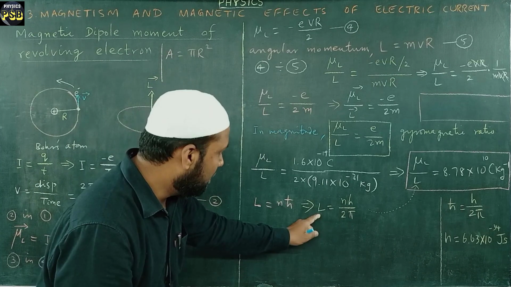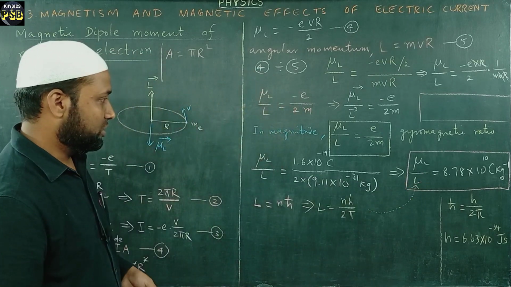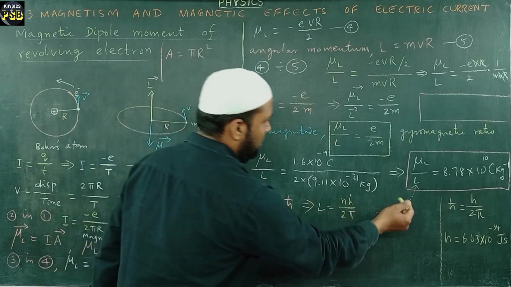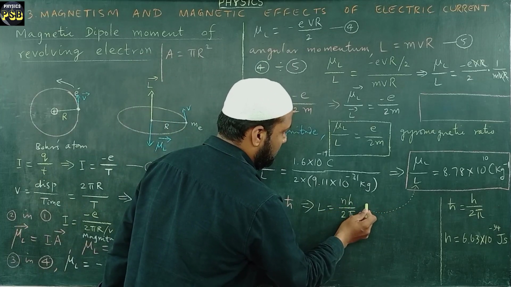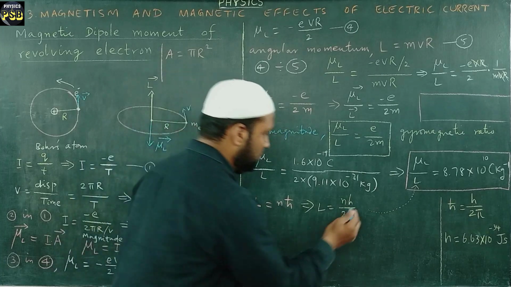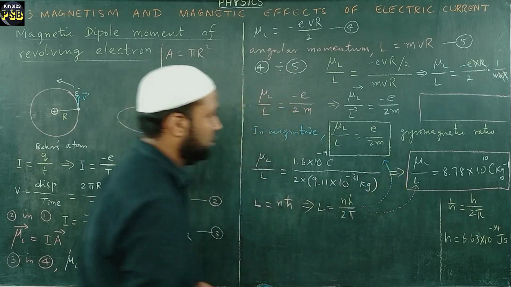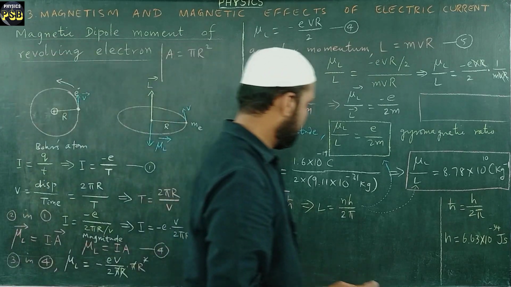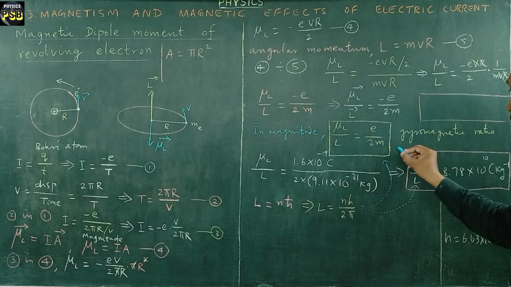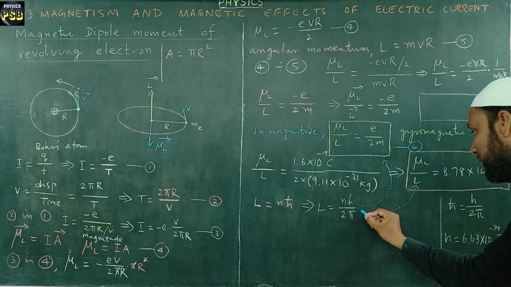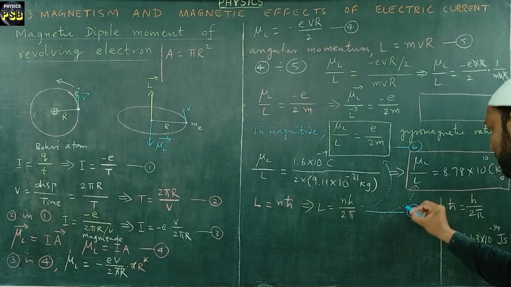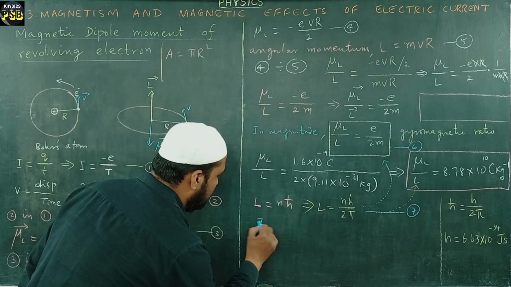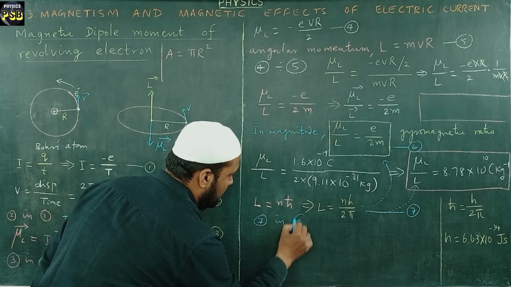I'm going to substitute the value of L in the above equation. I name this equation as equation number 6, and this is taken as equation number 7. Now I substitute equation 7 in 6. If I do so, what do I get?